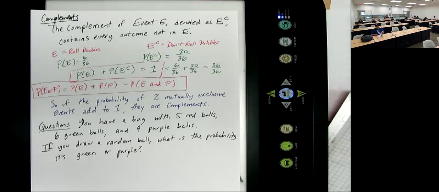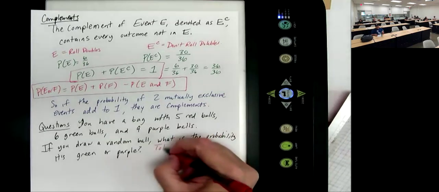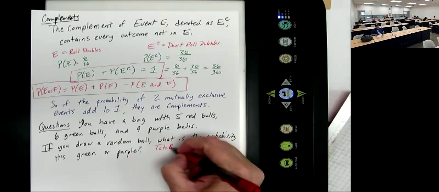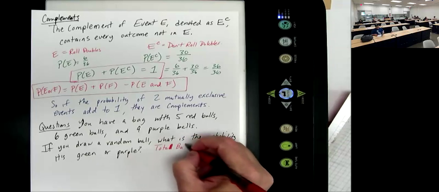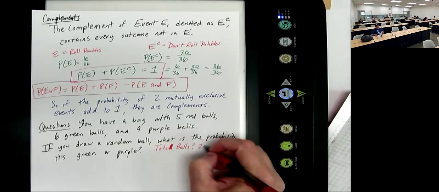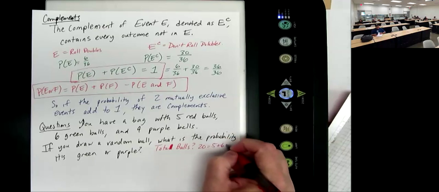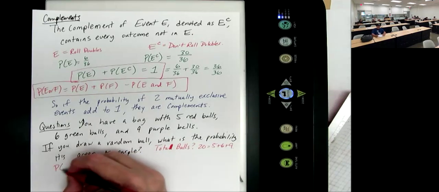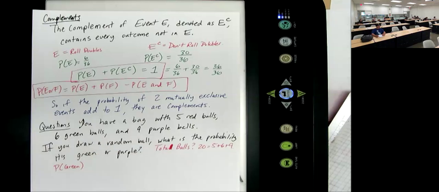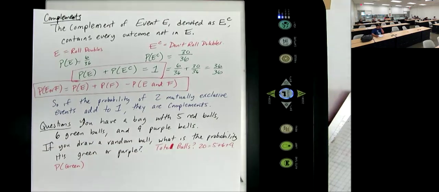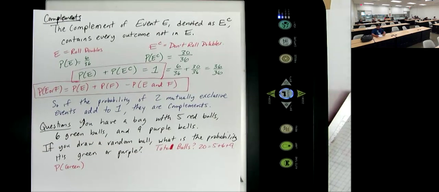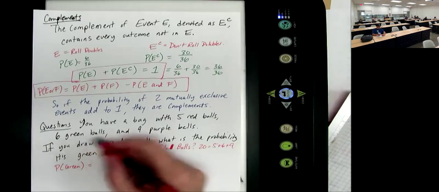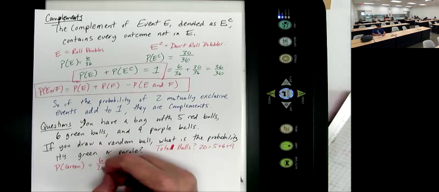Well, how many total balls do we have? 20. 5 plus 6 plus 9. So what is the probability of a green ball? There were 6 green balls out of 20.